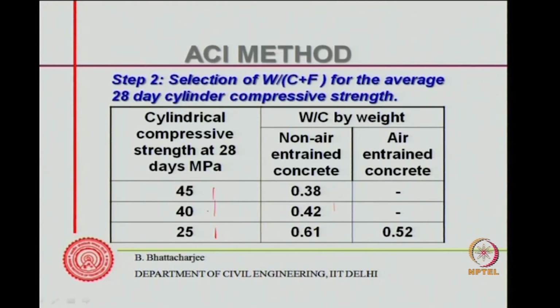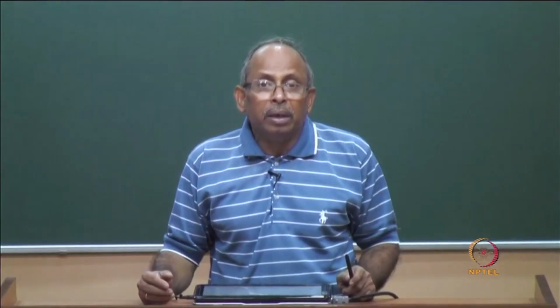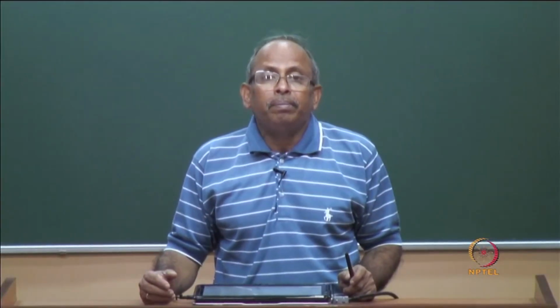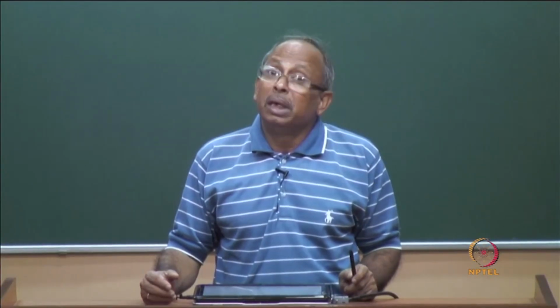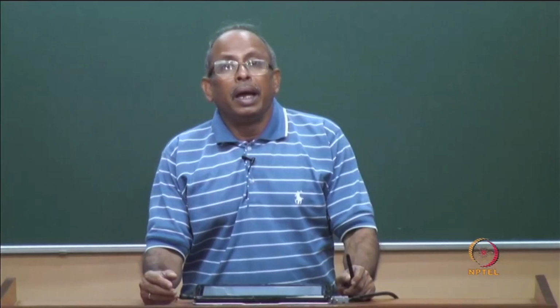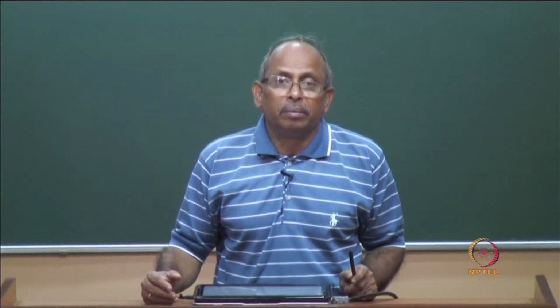This is actually average 28-day cylinder compressive strength, which is something similar to our target mean strength, except for the fact that it is actually cylinder strength. And perhaps we have not discussed this so far, but when we discuss factors affecting strength of concrete, we will be seeing that the specimen shape, especially in terms of L by D ratio, has an effect on the strength.